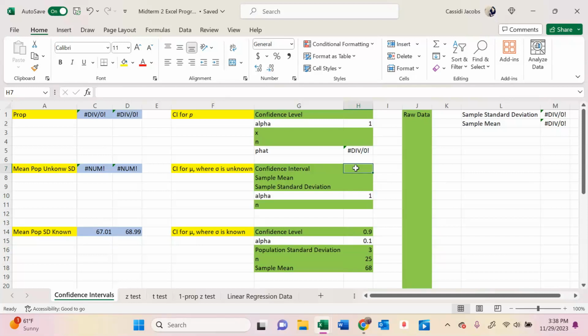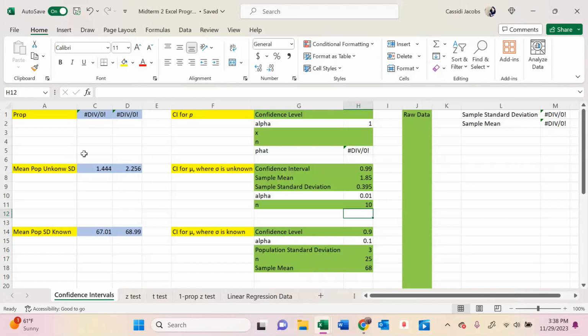So we were told that the confidence level was 0.99. The sample mean that we are using is 1.85. The sample standard deviation is 0.395. And the sample size is 10.